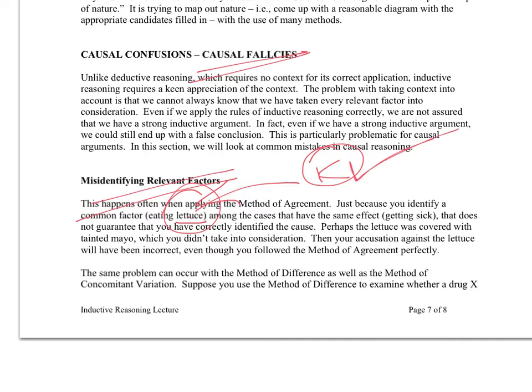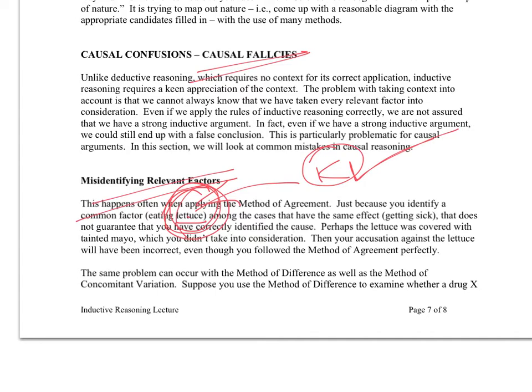The point is, when you collect data, you need to be as thorough as possible. So just because you have an agreement doesn't mean that it's the final word on what caused the illness, because there could be lots of other agreements that you've overlooked. And part of scientific investigation is about being very thorough and looking for all the possible variables.